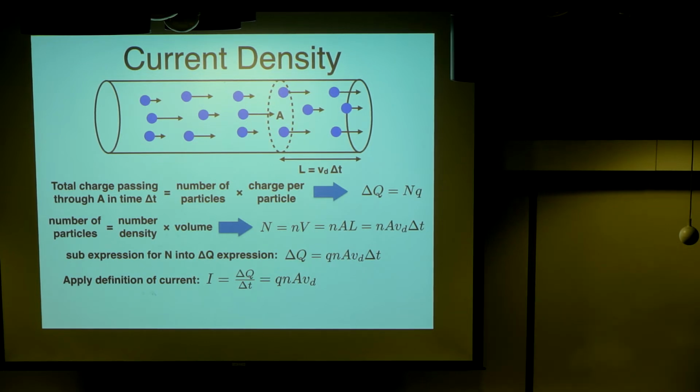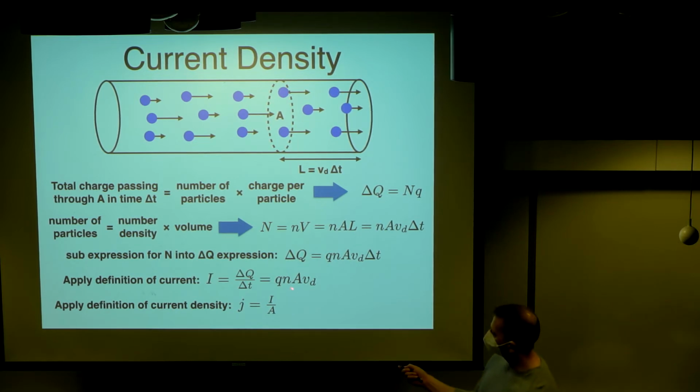But we can take one further step. What's the definition of current density? This is current. How does current density work? Current over a given area. Yeah, we would take this current and we would divide by the area that the current is traveling through. And that would give us current density. So J for current density is I divided by A. What happens when we take this expression for I, we divide out the A term?